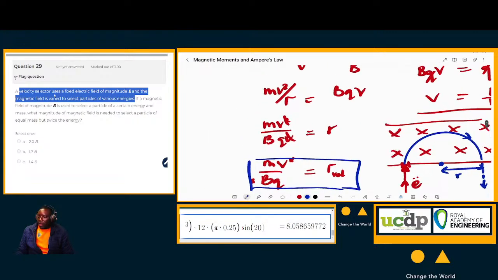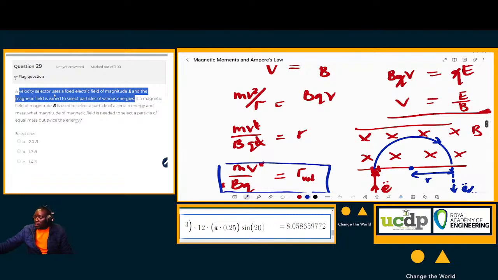Otherwise, I'm thinking, if this is the velocity selector where the fields are not crossed, a fixed electric field.